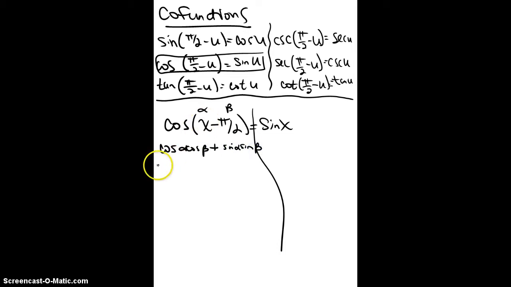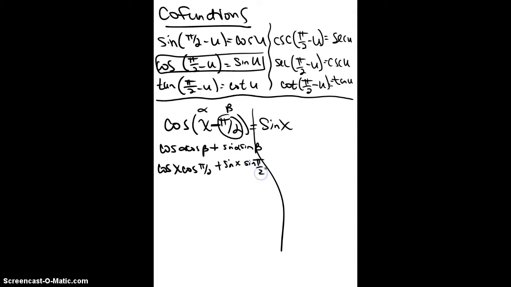So what's my alpha? I get cosine of x, cosine of pi over 12. And again, I use the subtraction one. So beta is just that guy right here because I use the subtraction trig identity. If you use addition, you have to add the opposite, and beta would actually be negative. So I have cosine that, and then over here I have sine of x and sine of, what is that, pi over 2.